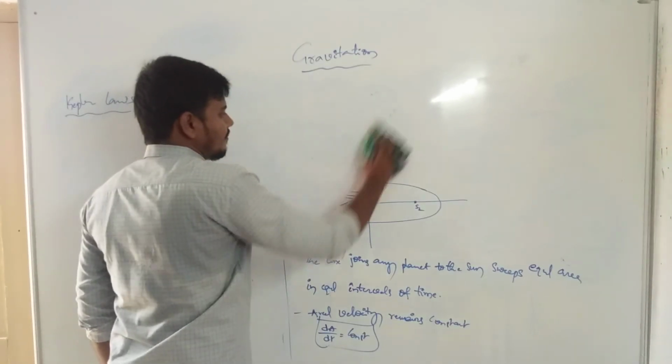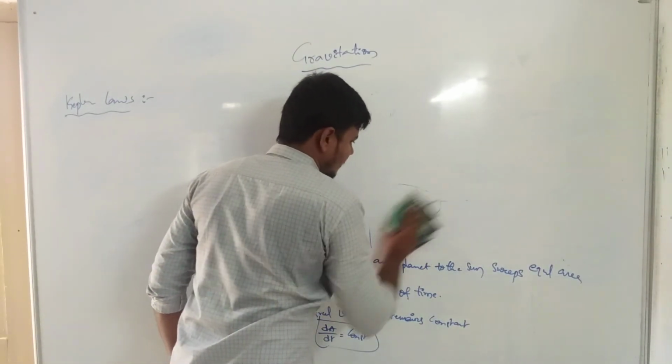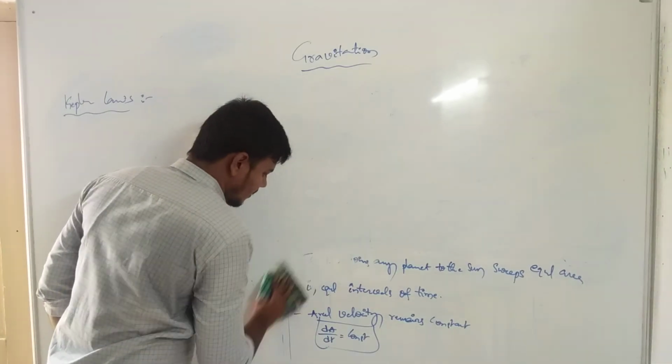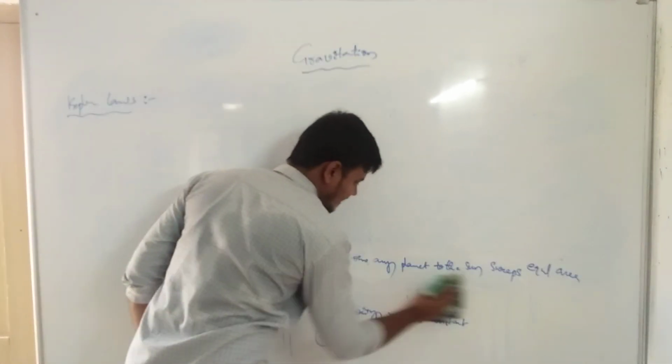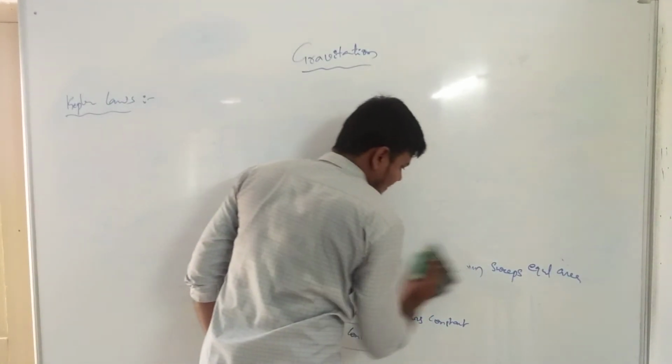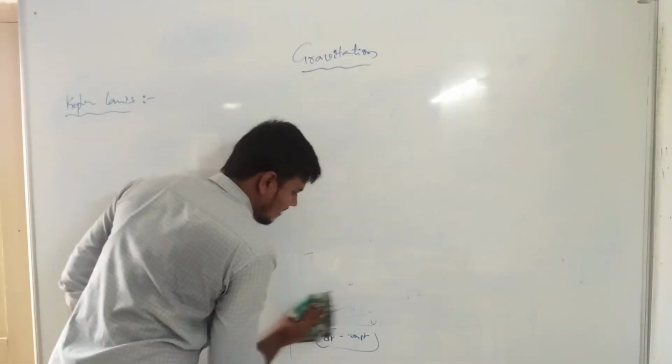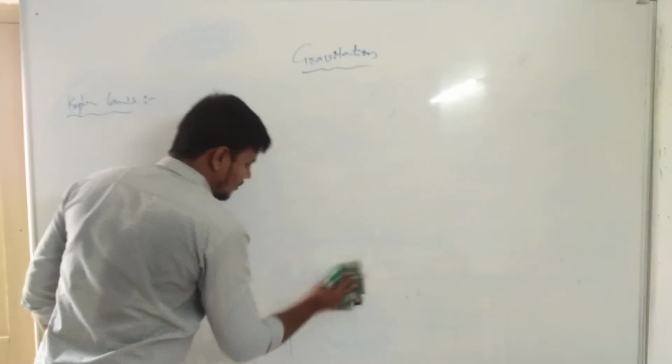The representation is T square is directly proportional to a cube.